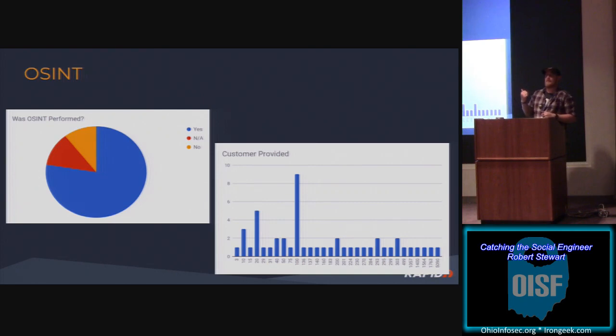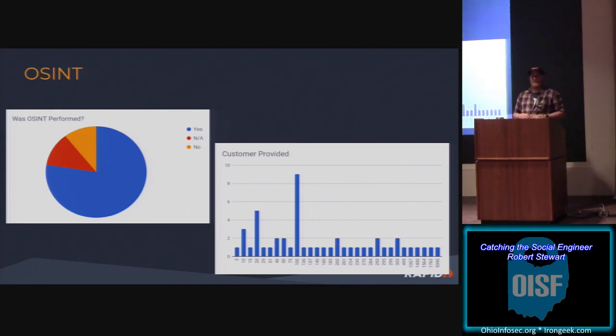One of the first things that we looked at was whether OSINT was performed. If you don't know what OSINT is, it's open source intelligence gathering: basically scraping the internet and trying to find out as much information about an organization and their employees as possible without actually interacting with the organization.